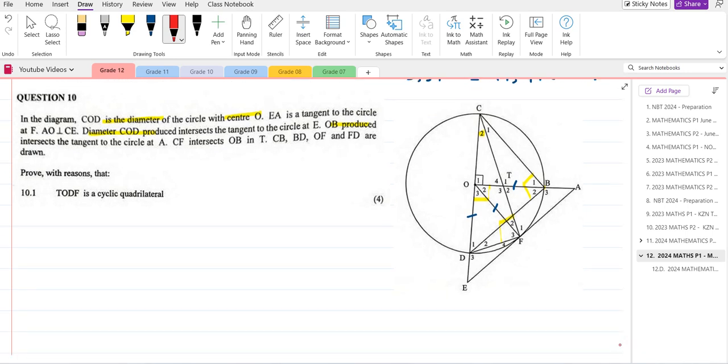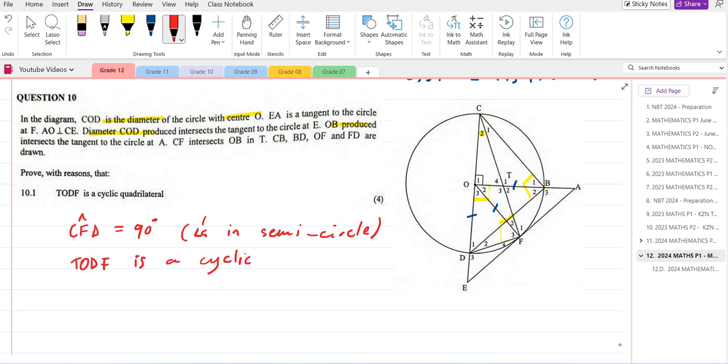So we can say angle CFD is equal to 90 degrees. Angles in semicircle. And now we can say TODF is a cyclic quad. Why?